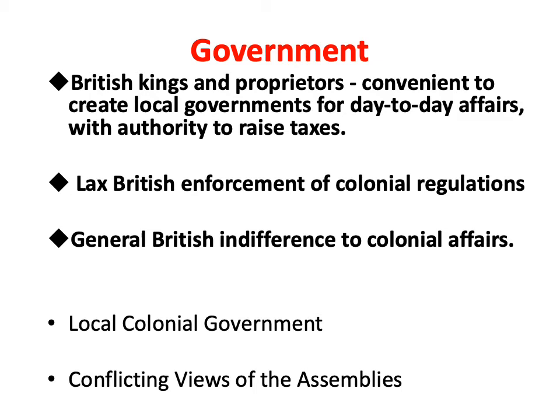So the local governments were allowed to continue, and they had the authority to raise taxes. As we saw earlier when we looked at Virginia, at the House of Burgesses there, they had elections among the colonists, the wealthy colonists.